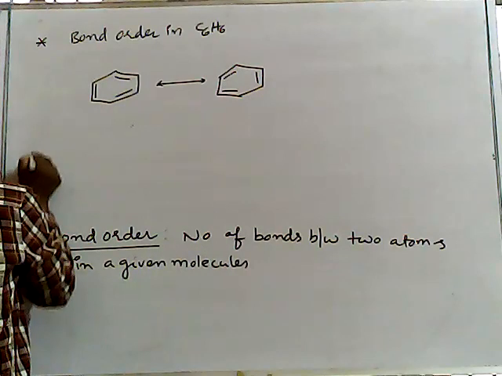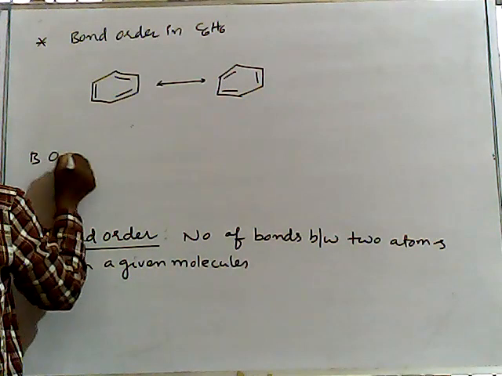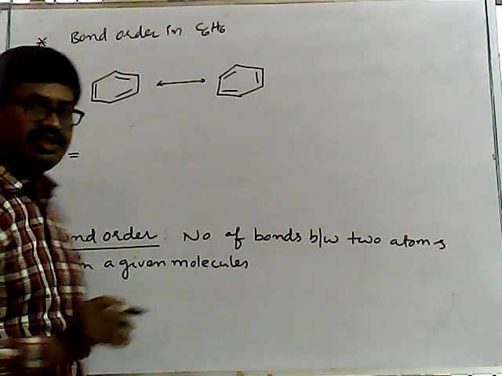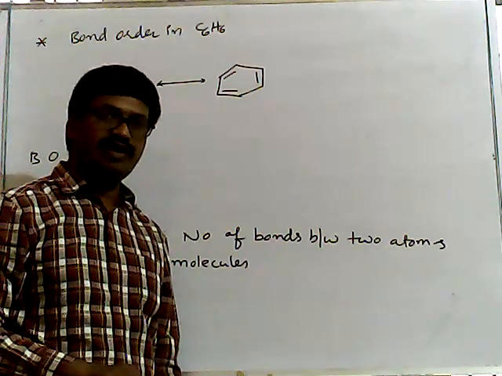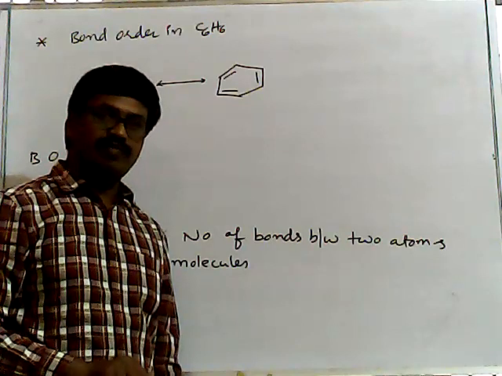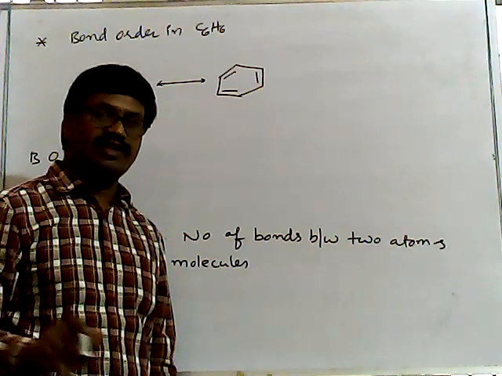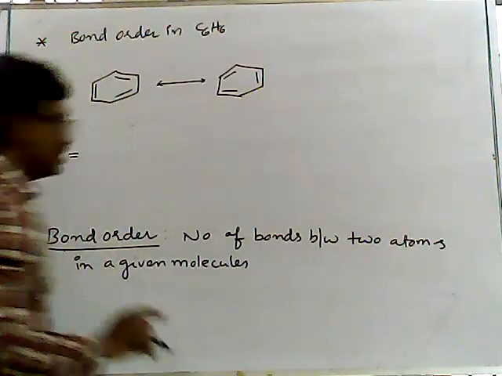For bond order, we already have a formula. In chemical bonding in first year, we had bond order from molecular orbital theory: the number of bonding electrons minus the number of anti-bonding electrons, divided by 2. That is another formula.